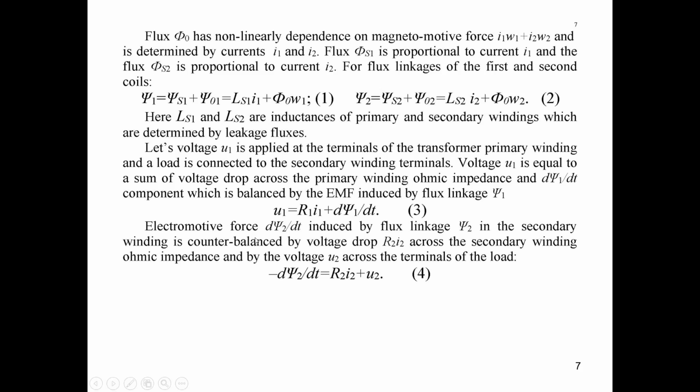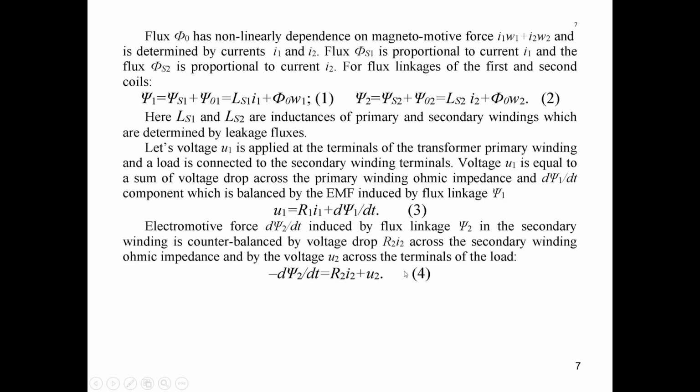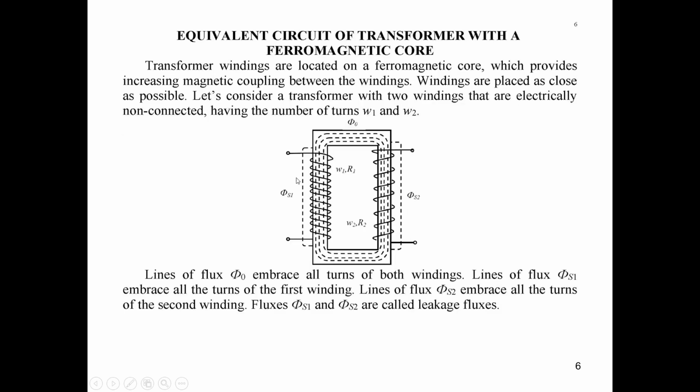And the electromotive force dψ by dt, which is generated in the secondary winding, may be written by a similar equation, but here we have no applied voltage, unlike the primary circuit.